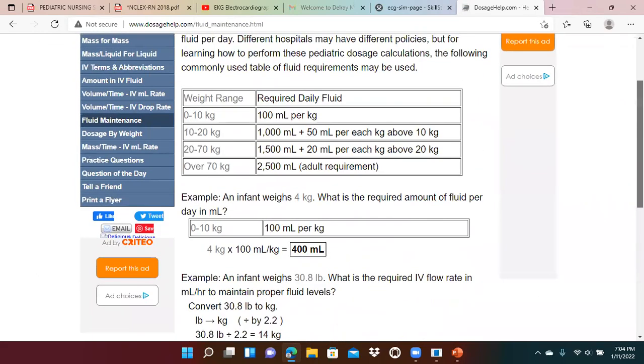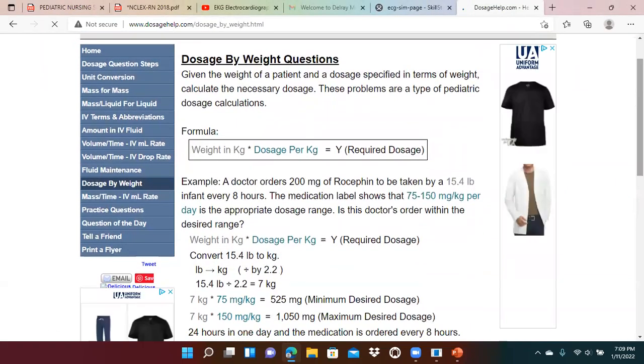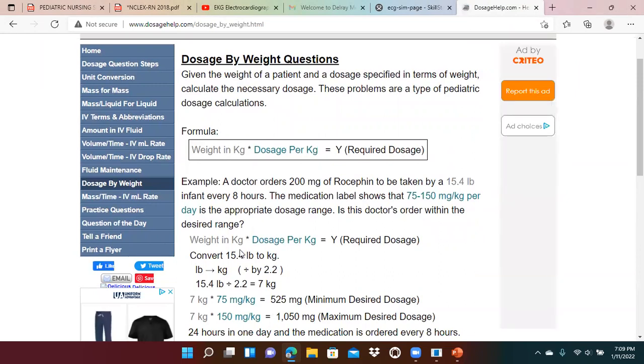And now go to another formula called dose by body weight. Next formula here, dose by body weight. So here, given the weight of a patient's body weight and a dose specified in terms of weight, calculate the necessary doses.